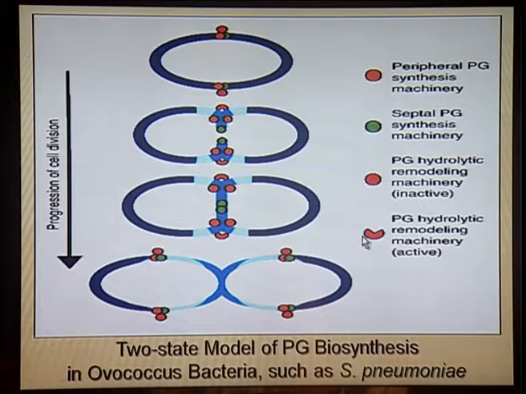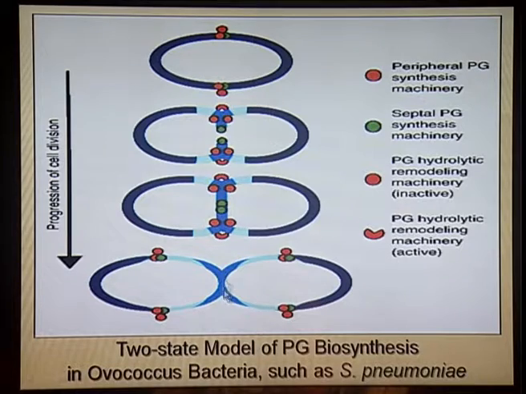Now, this one is actually the PG hydrolytic machinery which acts through hydrolase enzymes. Once the newer peptidoglycan is produced, later these cells need to be separated. So, there should be some hydrolase action which will cleave the peptides and the peptidoglycan synthesized, which are joined now, into two separate daughter cells.